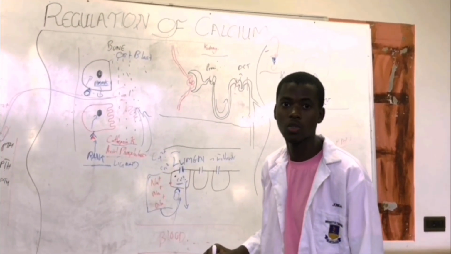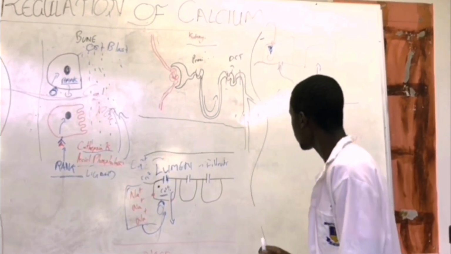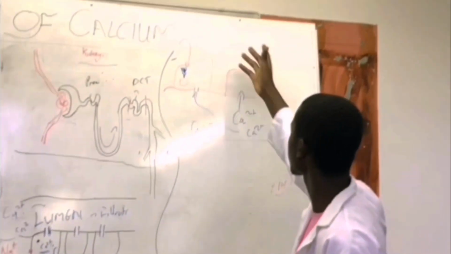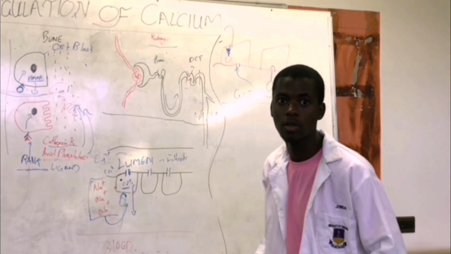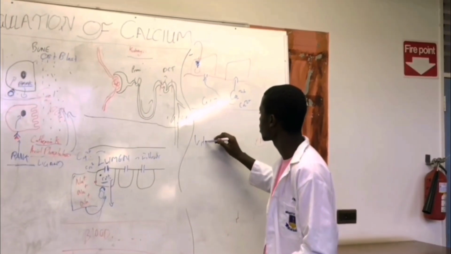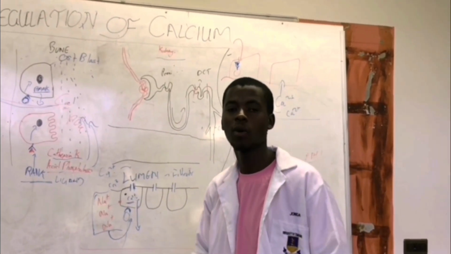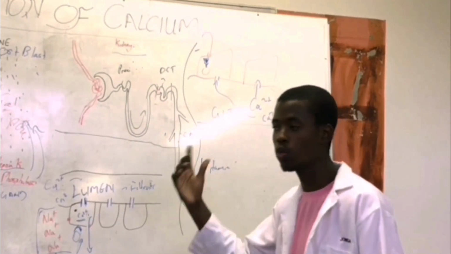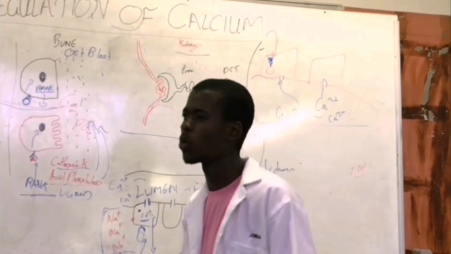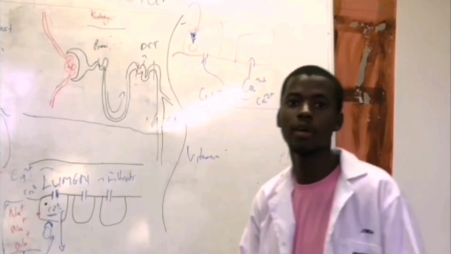This is a form of secondary active transport, okay? And the third one was when parathyroid hormone activated the enzyme in the kidney, 1-alpha hydroxylase, in the formation of what? Of vitamin D. Vitamin D later went to your GIT and caused the synthesis of certain calcium channels and allowed more calcium to flow through your gut. Okay, so these are the ways in which calcium levels in your blood are increased, right?